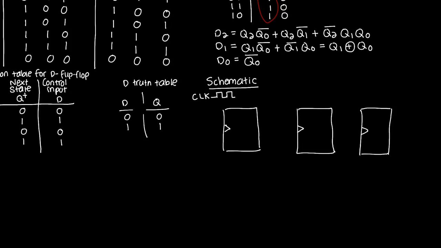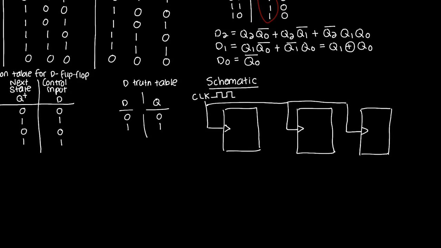Of course the whole reason we called them asynchronous was because each flip-flop had a different clock signal. But these guys are all going to have the same clock signal. So they're all clocked by the same clock signal.